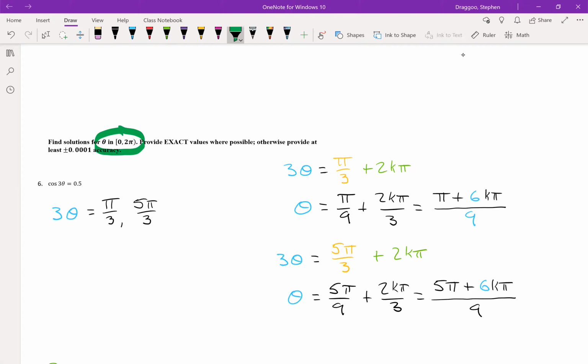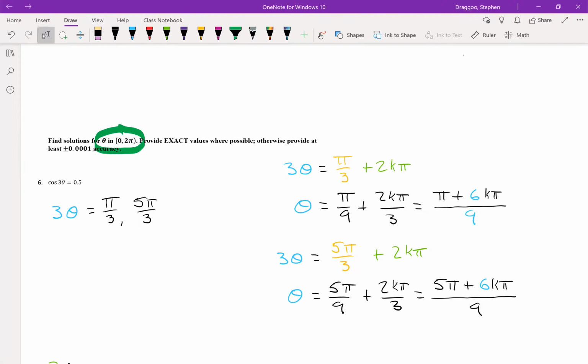So it turns out in order to solve this kind of equation, where I might have cosine of something like 3 theta is equal to 0.5, I'll actually need to start by finding these solutions between 0 and 2 pi, then find the general equation for all solutions, and then find specific values from that general equation.